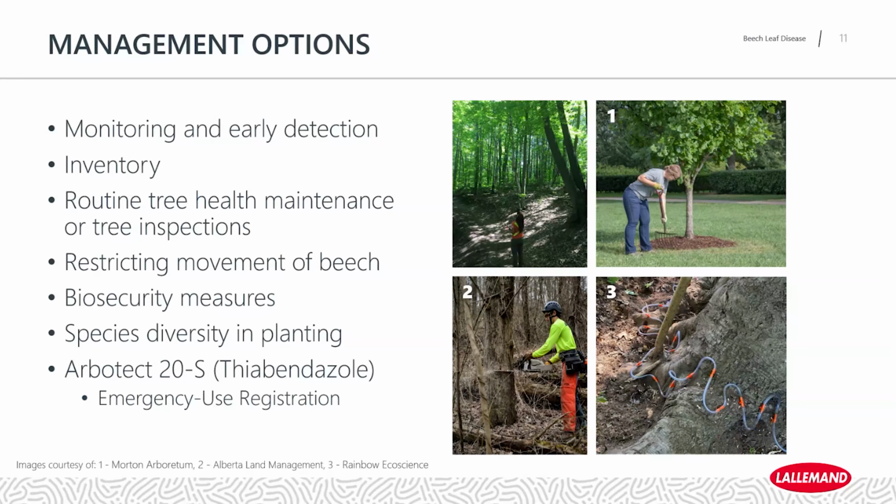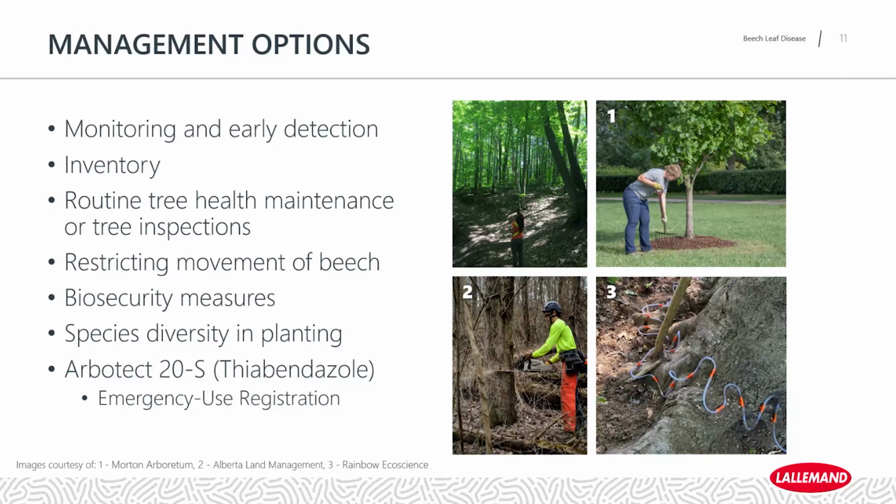So when it comes to management options for beech leaf disease, the first thing would be active monitoring and early detection, so that you know if you have it and where it is on the landscape. At a specific tree level, having an inventory to know where your beech is on the landscape that you manage is key.